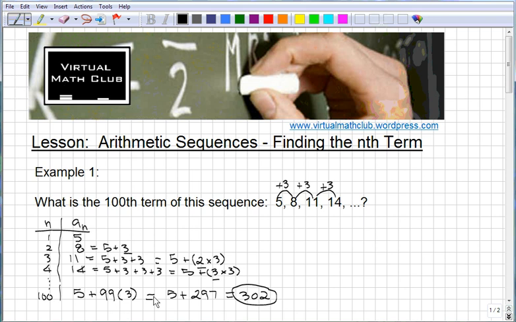And I might note too that oftentimes when you have a number that's really close to 100 or some other easy number to multiply by, 100 times anything, you just add a couple zeros. But I like to think of this as 100 minus 1.